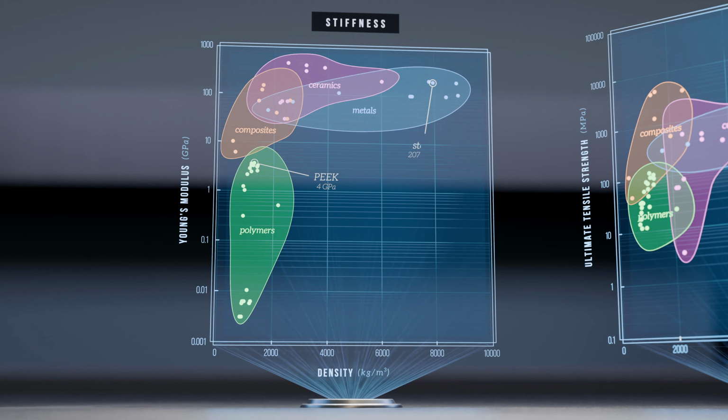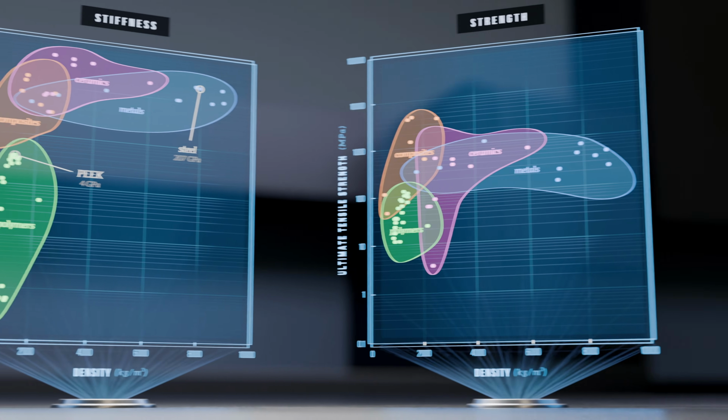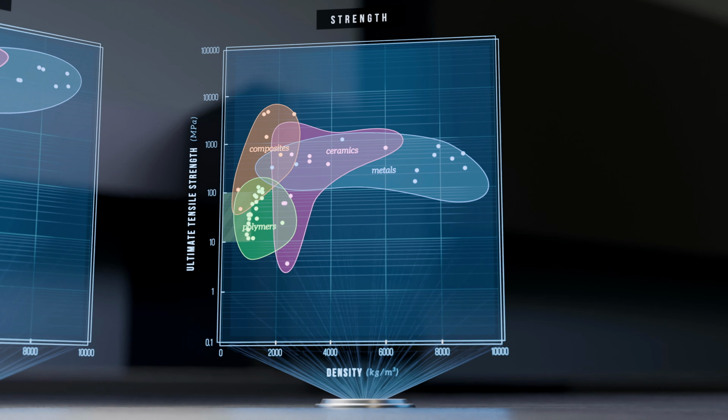This is down to the intermolecular forces holding polymer molecules together being a lot weaker than the metallic and covalent bonds found in metals and ceramics. Polymers also have relatively low strength, with ultimate strengths ranging from 10 to just over 100 megapascals.